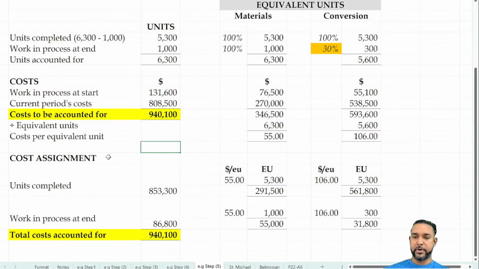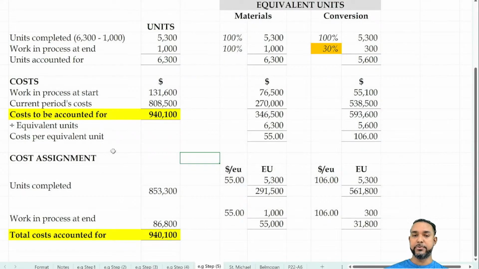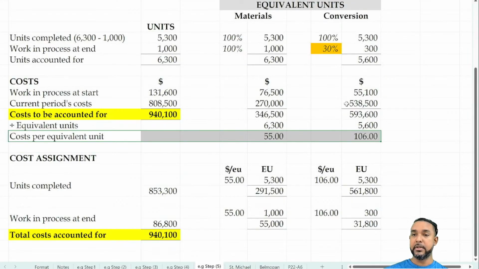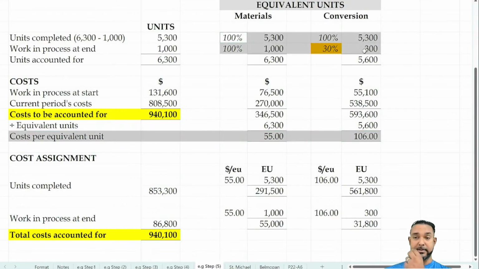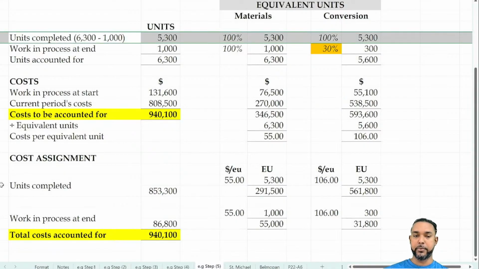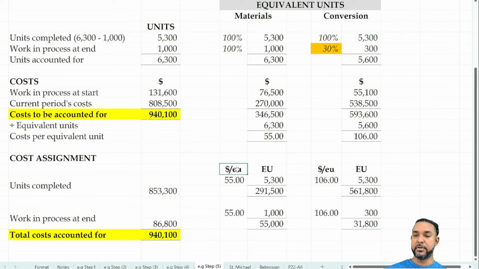We're focusing down here, but we will be pulling stuff from above. What we want to do is find the cost of the units completed and the cost of the ending work in process using everything here. We'll be focusing specifically on the cost per equivalent unit and these items on top of here. So for example, for the units completed, we want to find the materials cost.